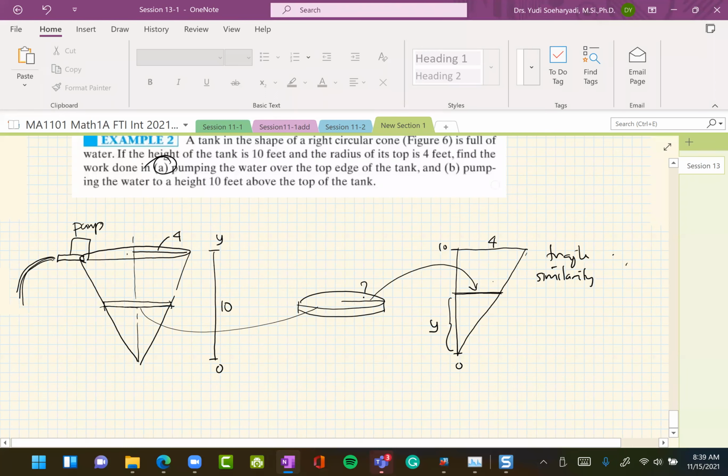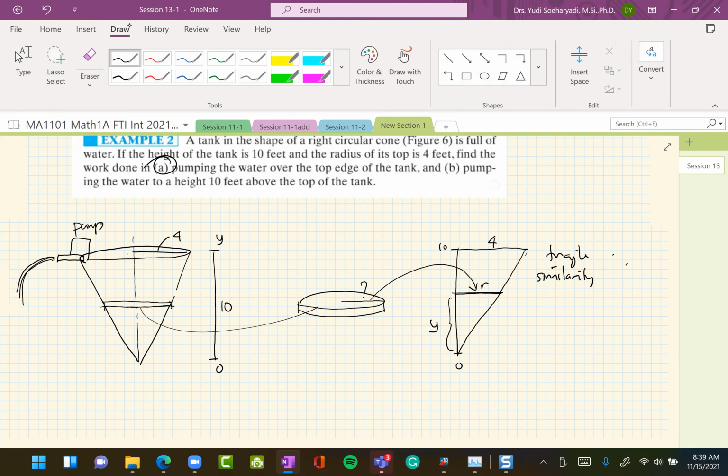Say this is R, because it's the radius. Let's compute: this is the big triangle versus the smaller triangle. They are similar triangles, so the ratios are the same.